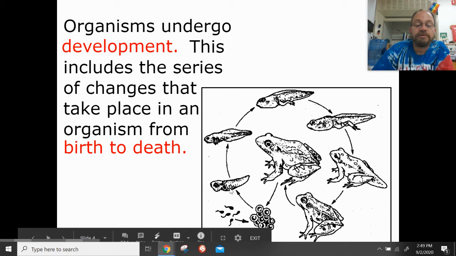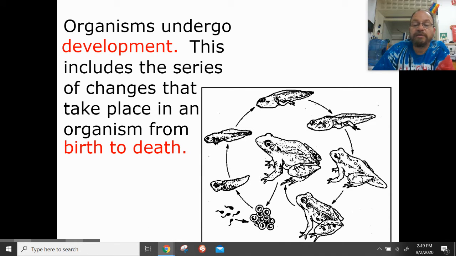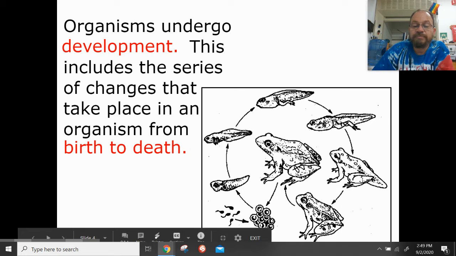We've got the tadpole developing through time. You can see legs developing, getting bigger, and then all of a sudden you've got a frog. That is development through a process, from the beginning to the end. All organisms do this.